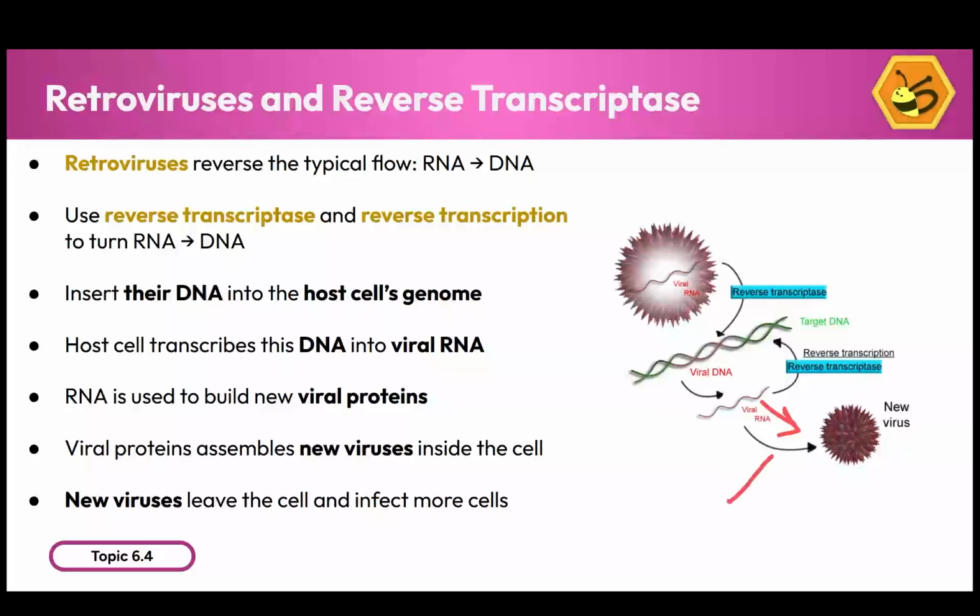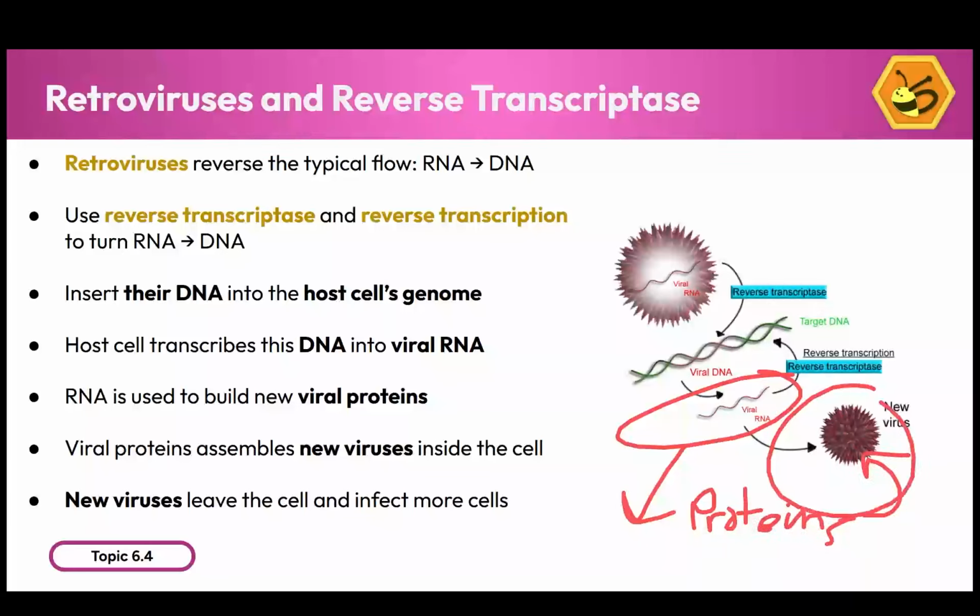This step isn't shown in this diagram, but this viral RNA is used to make imposter proteins, and these proteins are then used to make new viruses, which then repeat the step all over again. These new viruses leave and infect more cells.